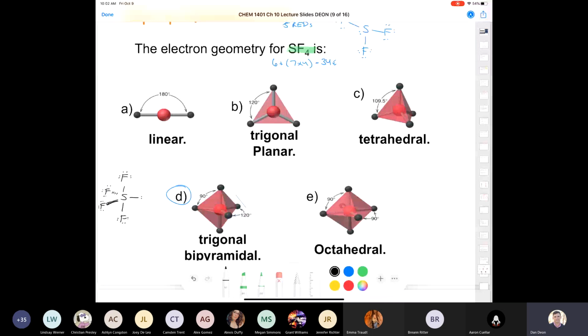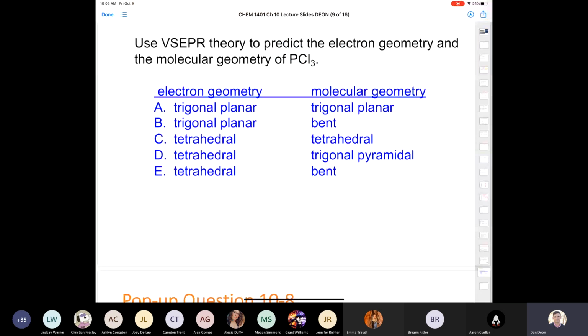Okay, well, let's try another one. Use VSEPR theory to predict the electron geometry and the molecular geometry of phosphorus trichloride. I'll give this one a second for you to think about it.